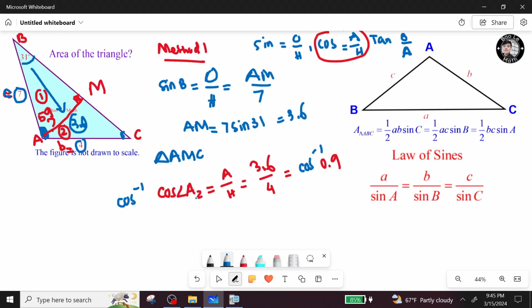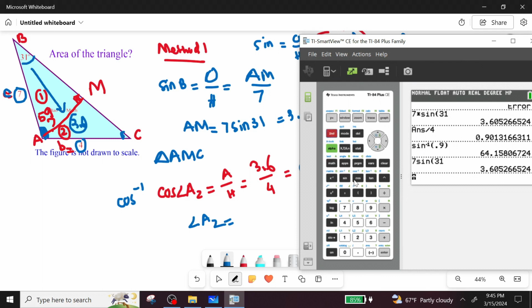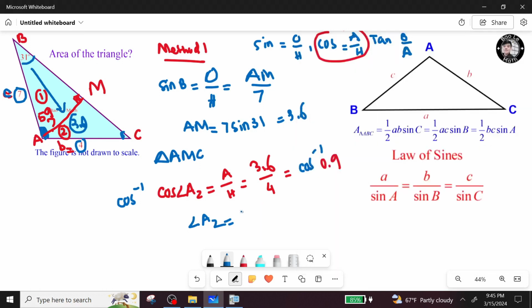Cosine inverse of cosine A2 is the measure of angle A2, which equals second cosine of 0.9. The answer should be 25.8. So I round it, it's roughly 26. So A2 equals 26.